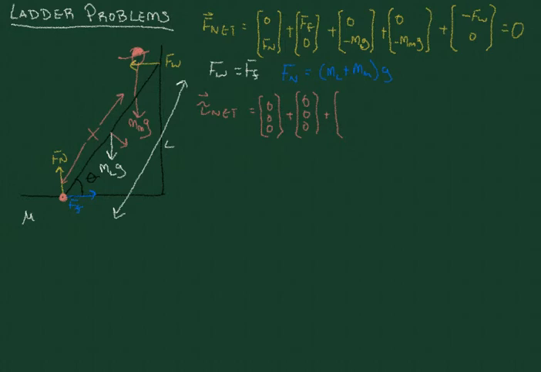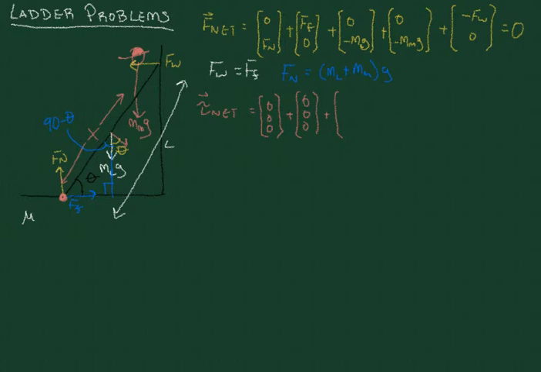So this angle is 90 minus theta, because we have a triangle right here. And if we have a triangle, since this angle is 90, these two angles also have to equal 90 together. So if this is theta, this is 90 minus theta. Well, notice now we have another 90-degree angle right here, which means this angle is also theta. Because if this is theta, then this is 90 minus theta.